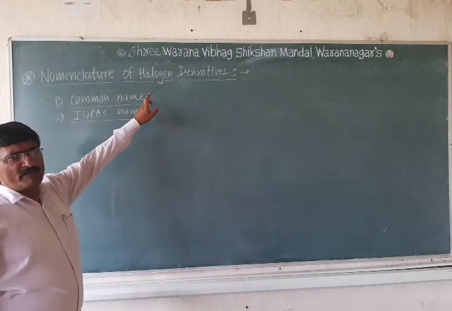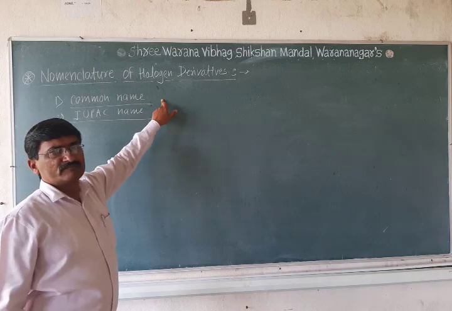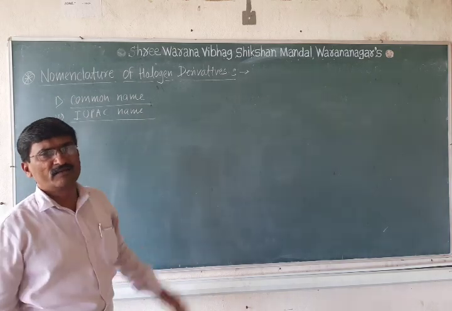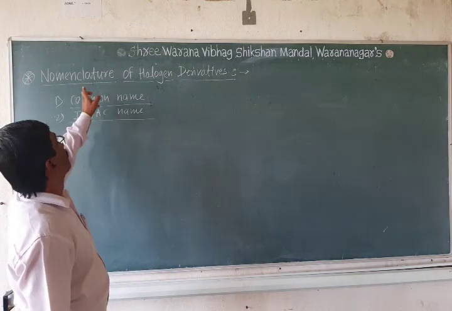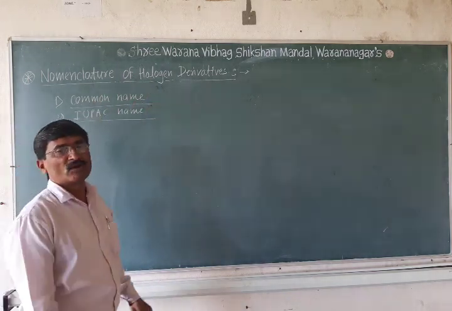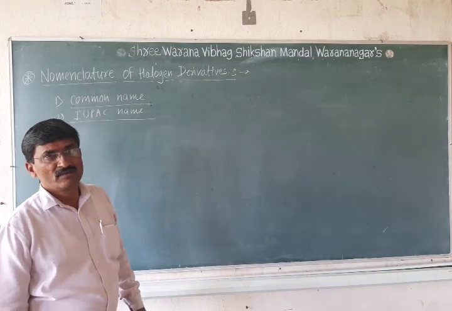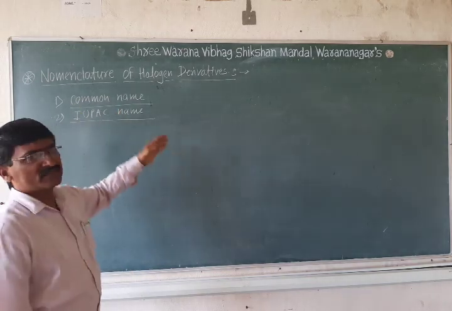In case of the common name and the IUPAC name, as already studied in 11th class, we have to use the same rules and regulations in order to give the nomenclature of halogen derivatives.